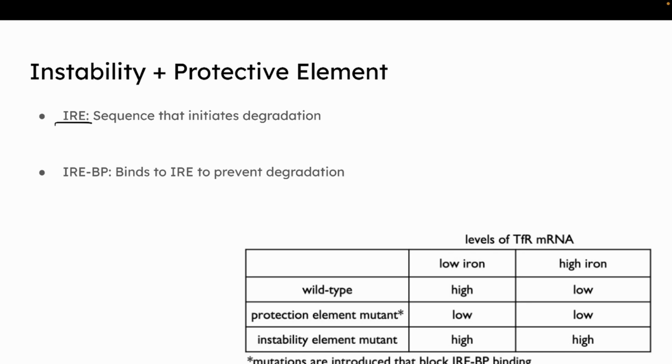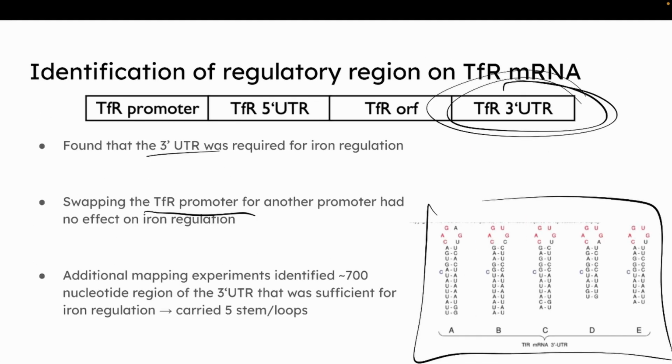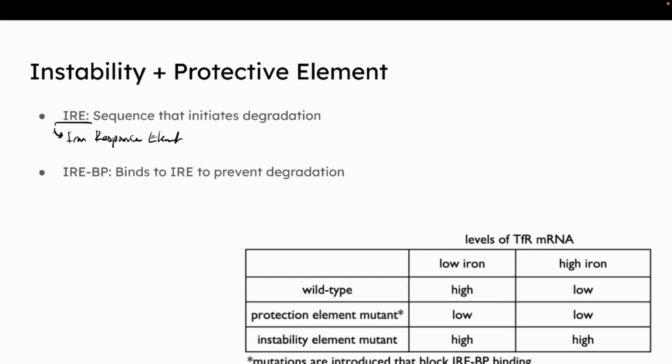In this case, it would be your iron responsive element, because just like we identified up here, this is where iron can regulate mRNA stability. So the IRE is the instability element because this is where instability can be induced. Now the protective element is what prevents it from degrading, and this is our IRE binding protein, the IREBP.